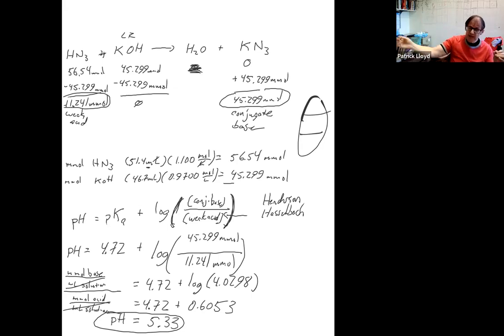So with the weak acid and its conjugate base, we use the Henderson-Hasselbalch equation. So be very careful about these calculations. Go through it step by step. Find the number of millimoles of each. Go through the equation to figure out how much is left over of each, and then pick what you're going to do in terms of your approach for the calculation of pH.